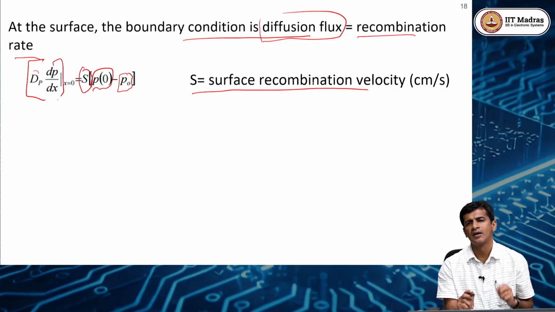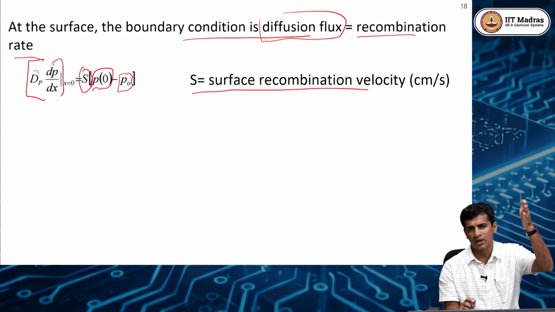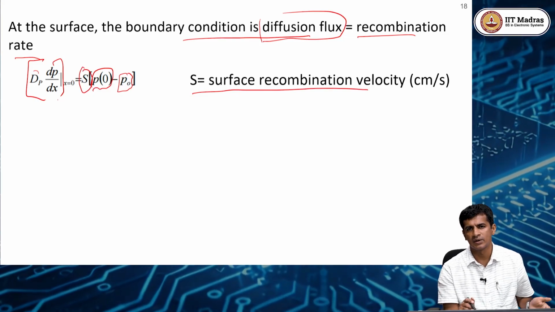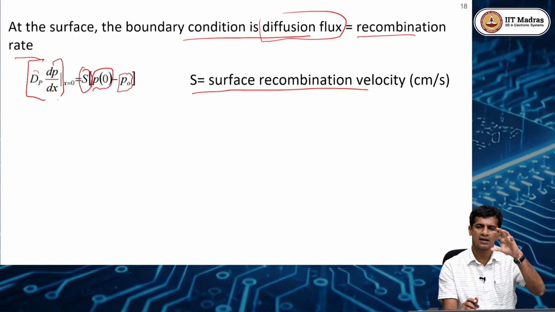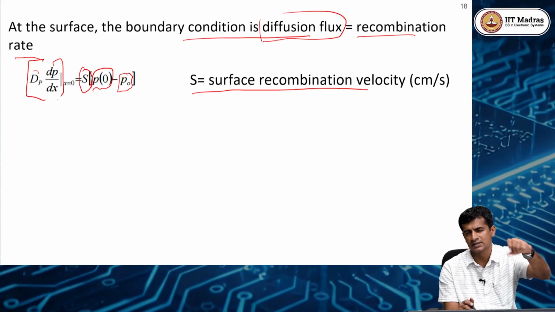Because the surface is not a volume, it's a flat two-dimensional plane, we call it a surface recombination velocity. It is the rate at which the minority carriers are diffusing into the surface and getting recombined.